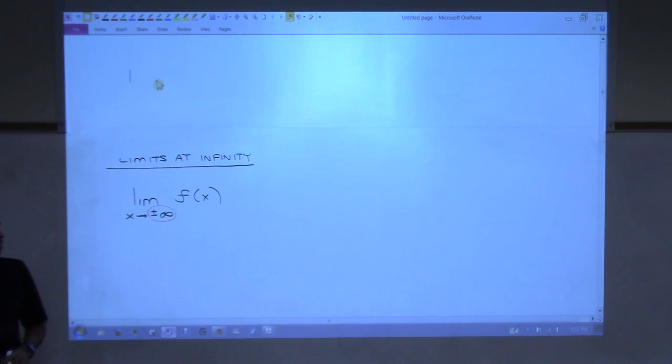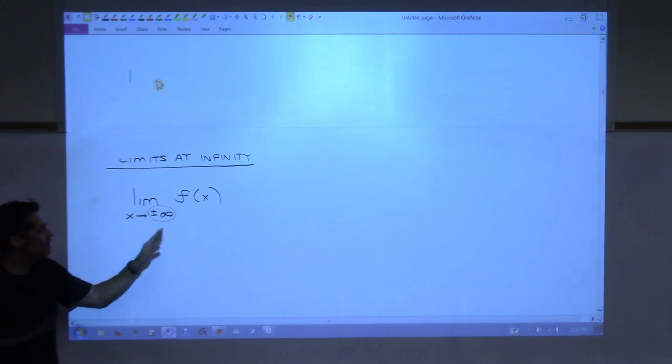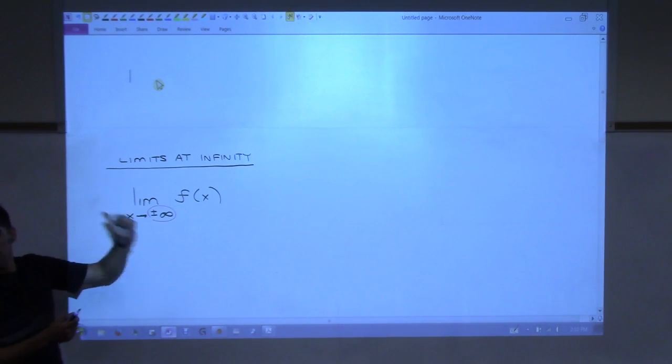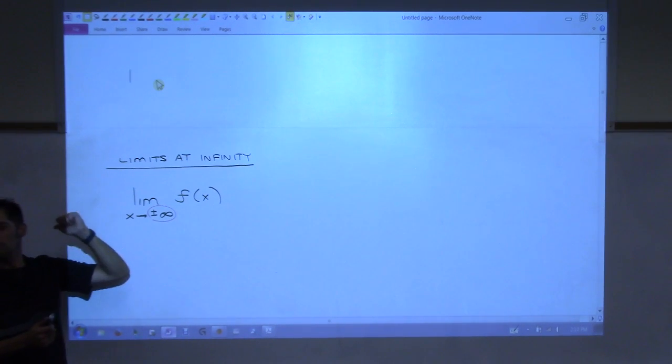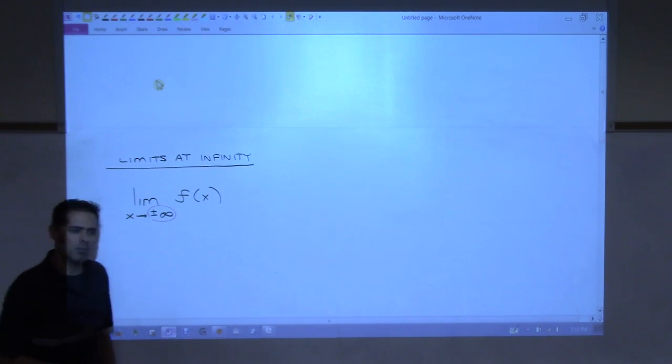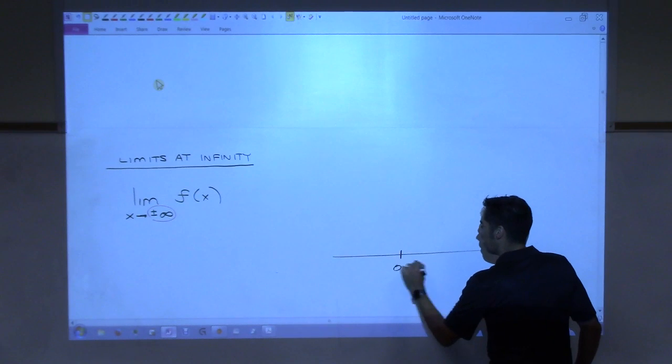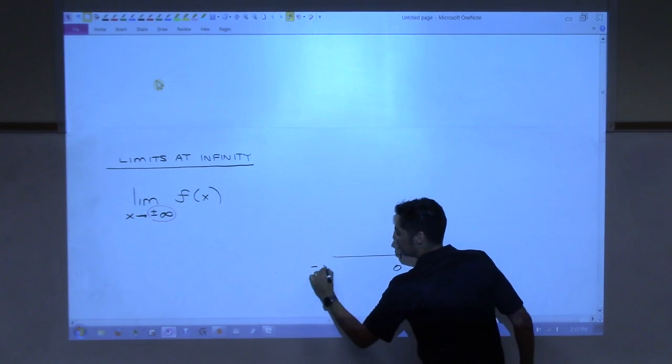Now what we're saying is, what happens to this function if I let x just get arbitrarily large? Or really, really negative? We should talk about that. What do we mean by that? This is a good discussion to have.